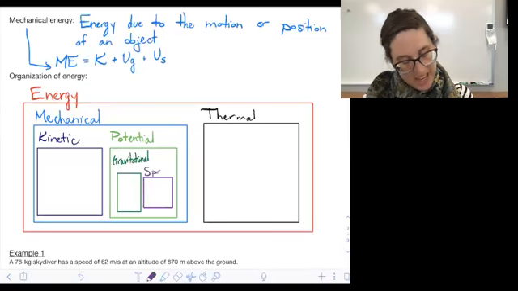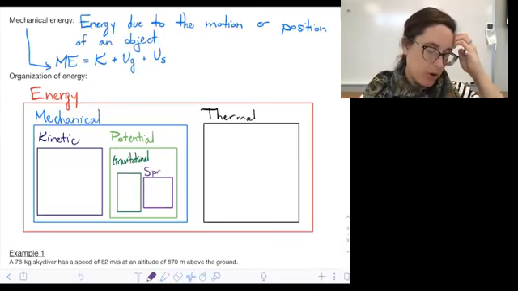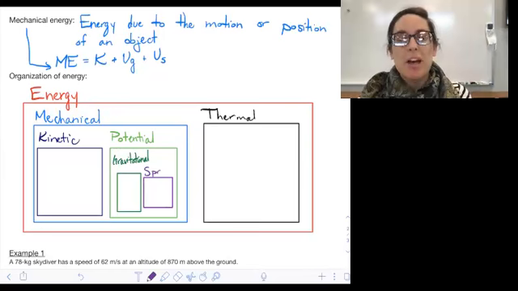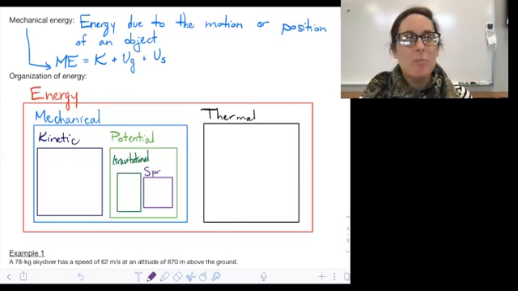Now, why do they get that extra word of potential in there? It's because they are basically an energy storage mechanism. You could have something high above the ground and there's energy associated with that, even if the object itself is not necessarily doing anything. Same thing with a spring.